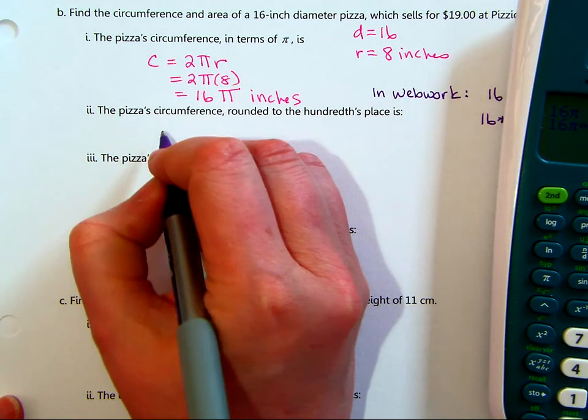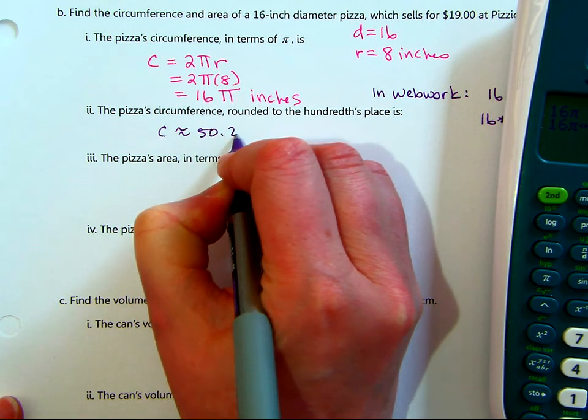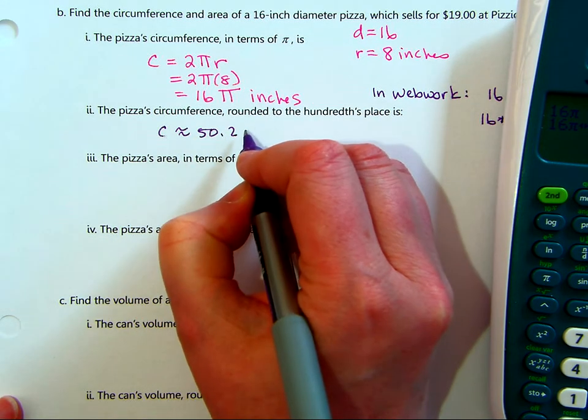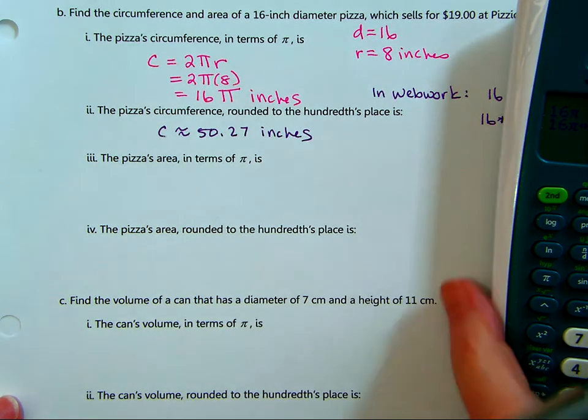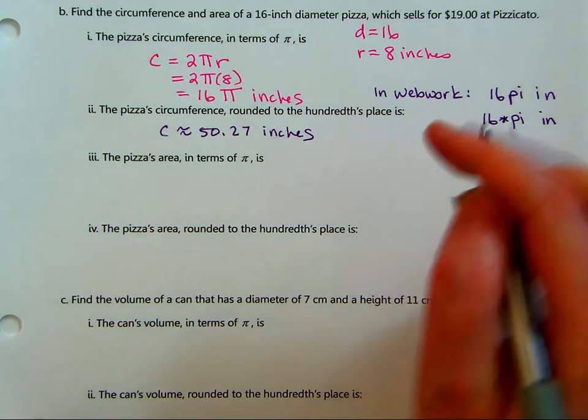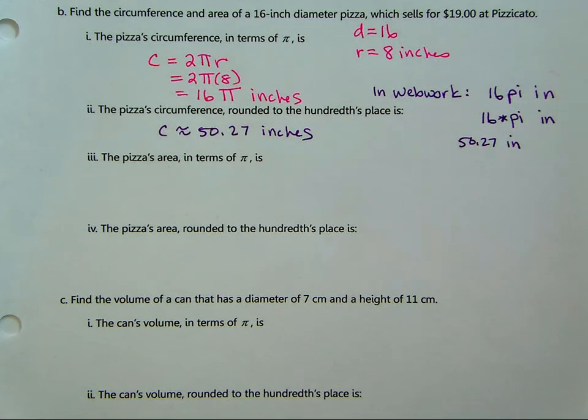And that's approximately 50.27 inches. So in WebWork, that would probably be 50.27 inches. If we didn't want to use a calculator, we could just multiply 16 times 3.14.